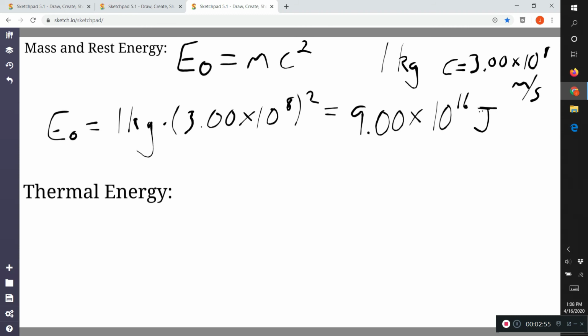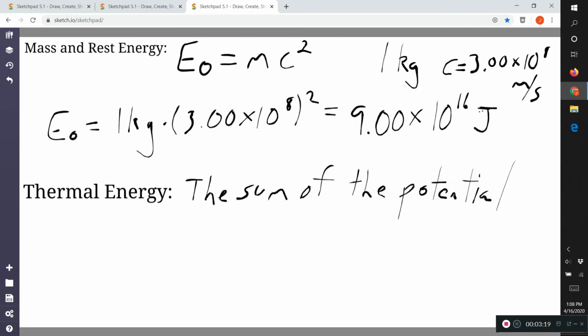All right, last one we're going to talk about is thermal energy, because it's something we deal with in a very common sense. A lot of times when we deal with energy, what we call energy loss, it's because we're losing energy to thermal energy. So thermal energy is the sum of the potential and kinetic energy of particles.